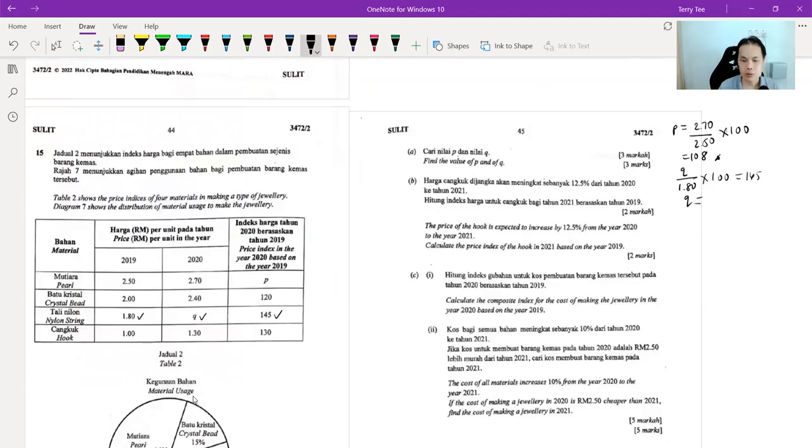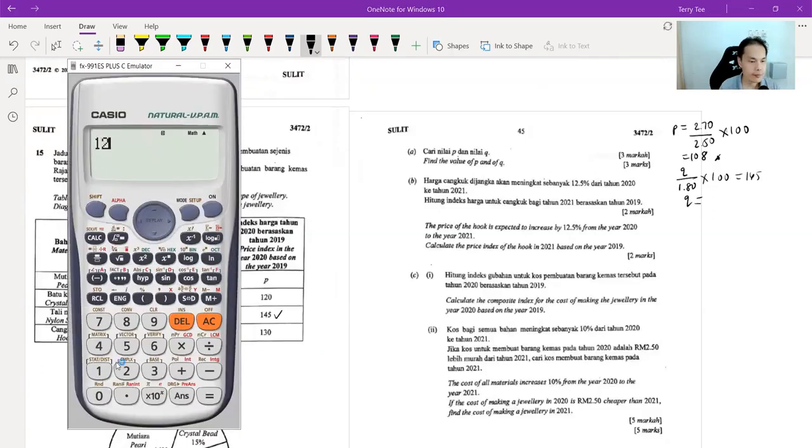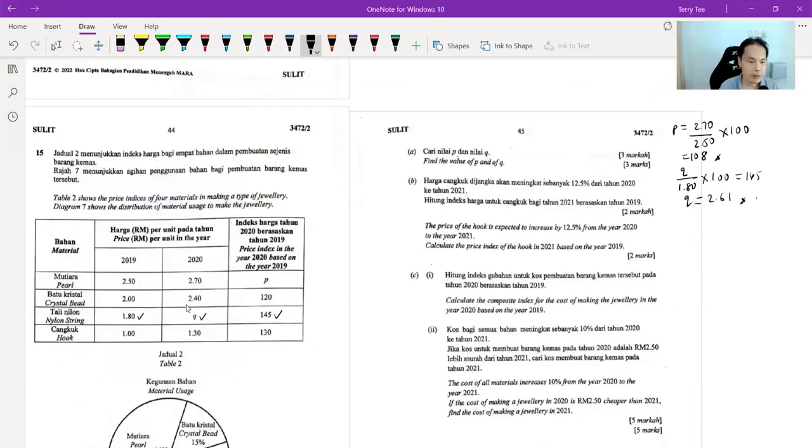And to find Q, let's take 145 multiply with 180, divide by 100. I've got to divide by 100. So my Q is 2 ringgit and 61 cent. You don't have to write RM because this is already in RM here. See the price, sorry, RM, just write 2.61. Okay, next.